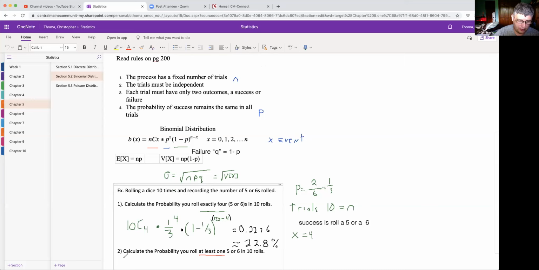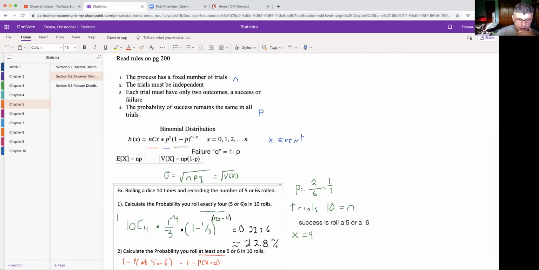So I find 1 minus the probability that I get none, or no 5s or 6s, right? Then that means 1 minus P of x equals 0. So I do exactly what I did up here.